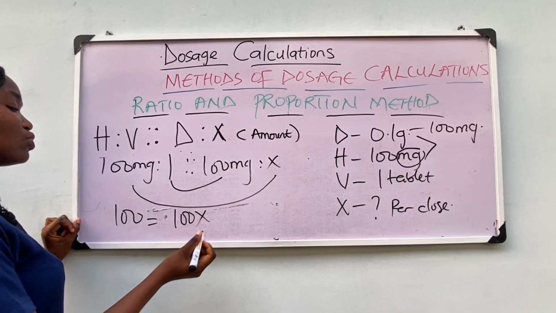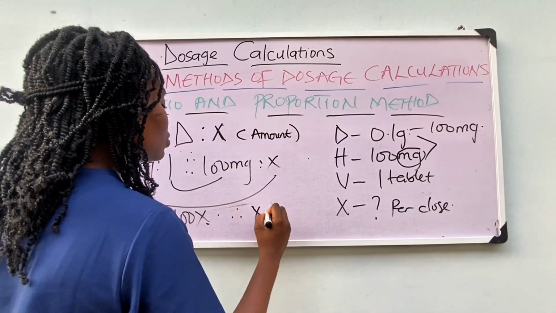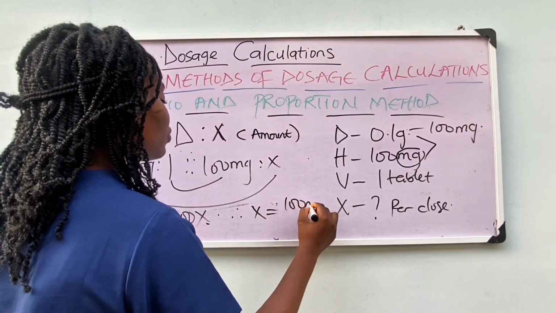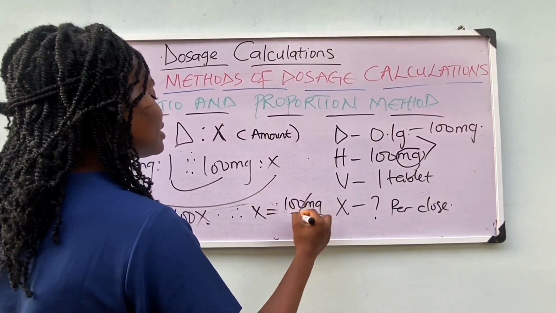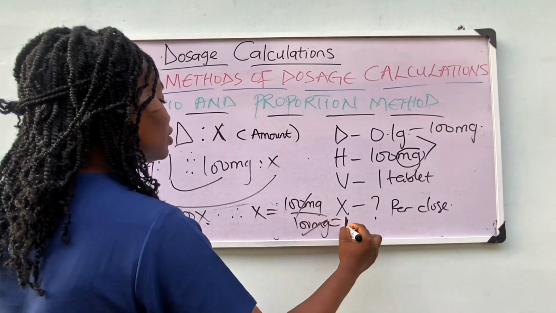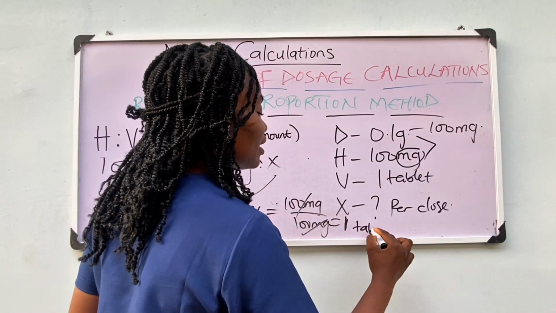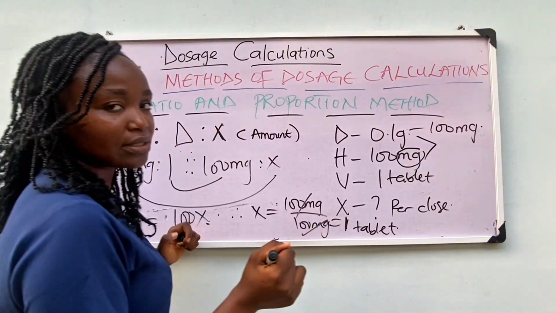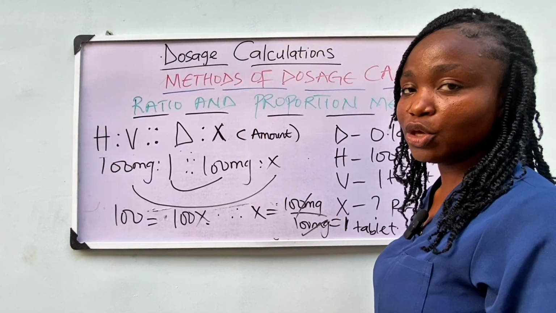When we want to solve for X, X will be equal to 100 milligrams over 100 milligrams. Having said that, the answer becomes 1. So how many tablets are we going to administer per dose? The answer is 1 tablet. The next method we're going to be looking at is the fractional equation method.